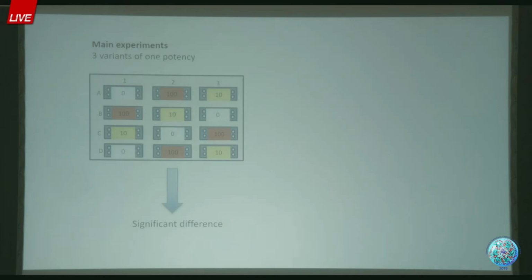We wanted to make an experimental design which would exclude a possibility of bias. So we had main experiments where we compared the 3 variants of the sample in a certain randomization order.